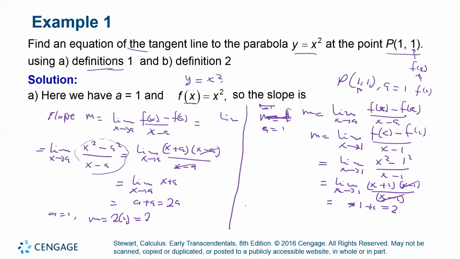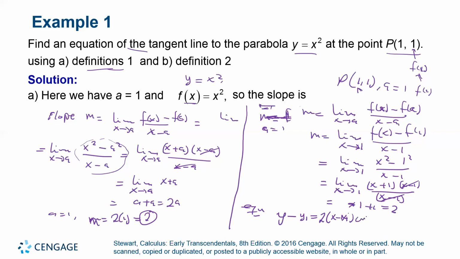Now, if the slope m is equal to 2, then what is the equation of the line? The equation is y minus y1 is equal to the slope, 2, times x minus x1.